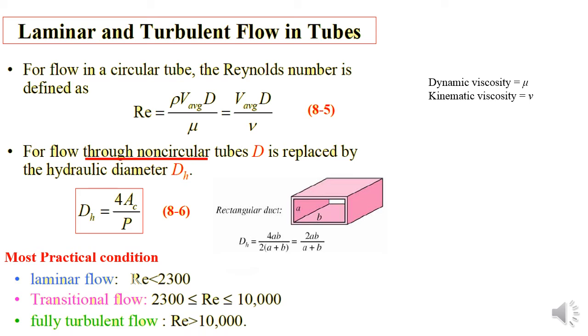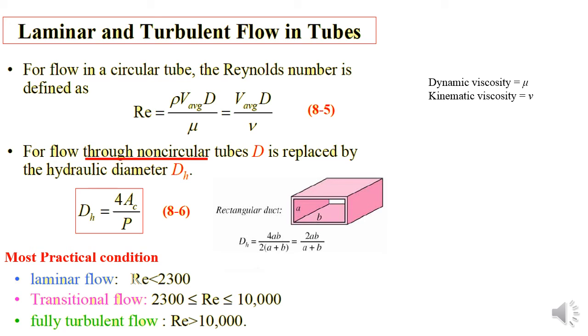And in most practical conditions, we say the flow is laminar below a Reynolds number of 2300, transitional between a Reynolds number of 2300 and 10,000, and fully turbulent for a Reynolds number above 10,000.